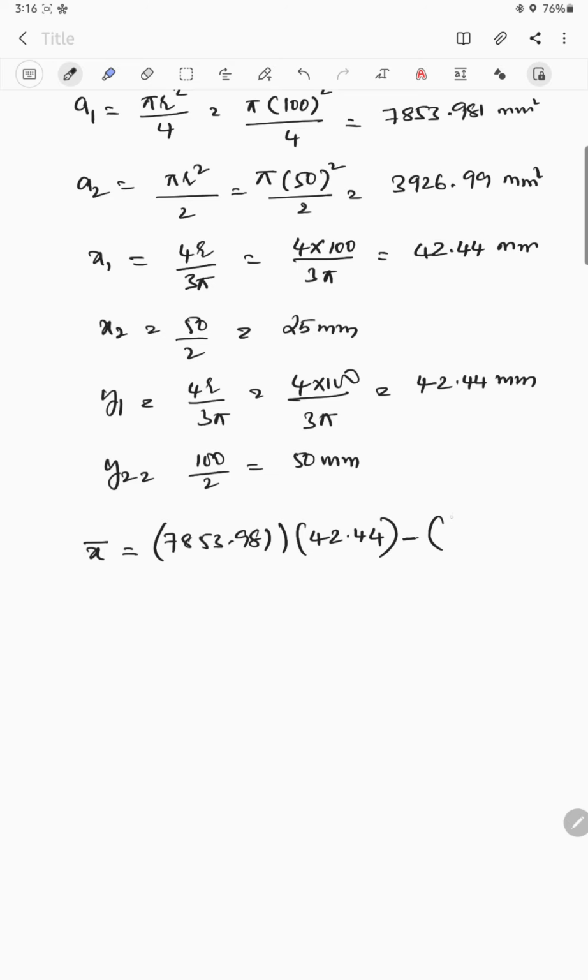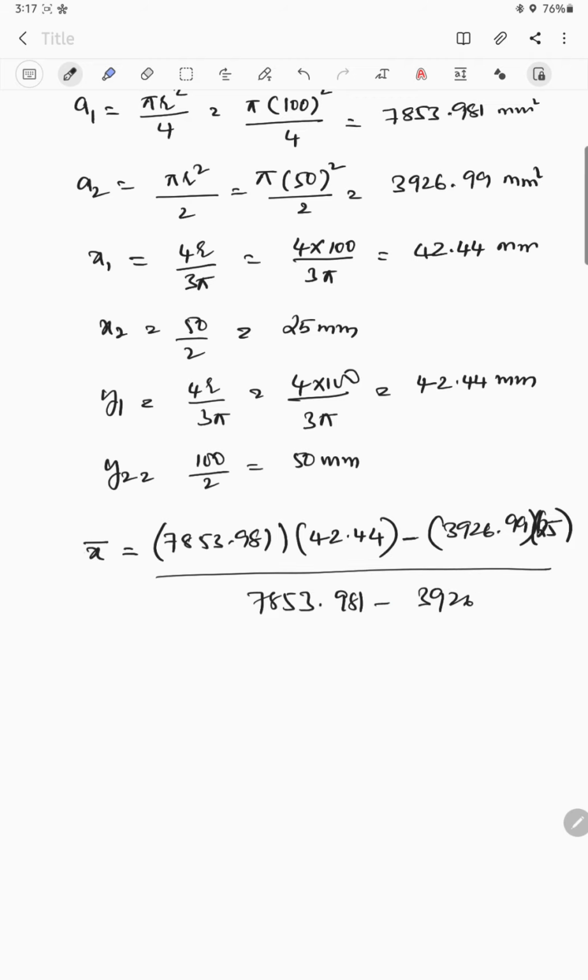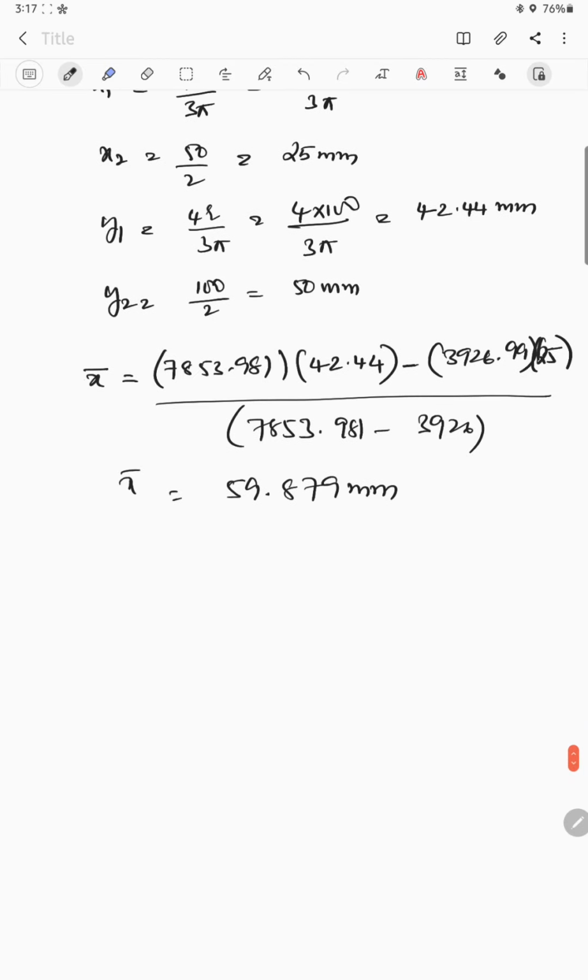So minus 3926.99 into x2, which is 25, whole divided by 7853.981 minus 3926.99. So x bar will be equal to 59.879 mm.